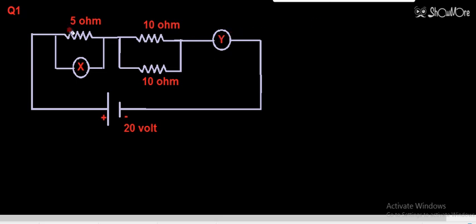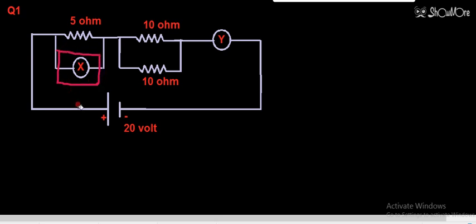Students, here you can see this device X is connected in parallel with respect to this 5 ohm resistance. You know which device is always connected in parallel. A voltmeter is always connected in parallel with respect to a resistance.